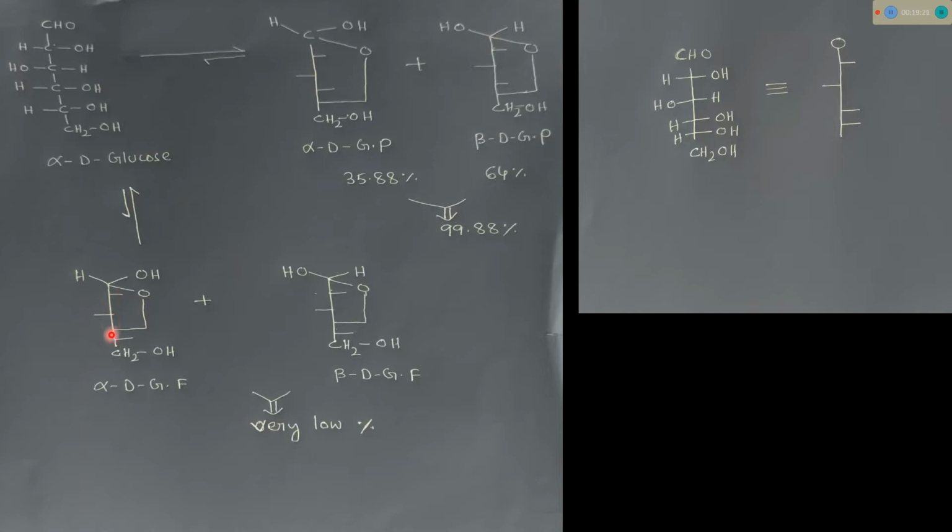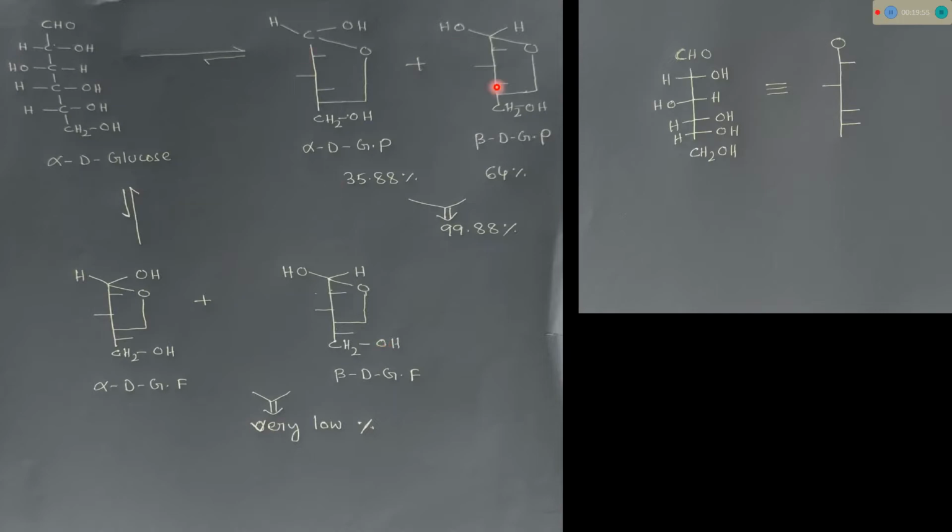Now see, this OH and this OH are cis in fashion. So in this case there are two equivalents of 1,2-diol which are in cis fashion. In this case, see, OH 1,2 but trans, OH 1,2 but trans, this OH cis and 1,2-diol.